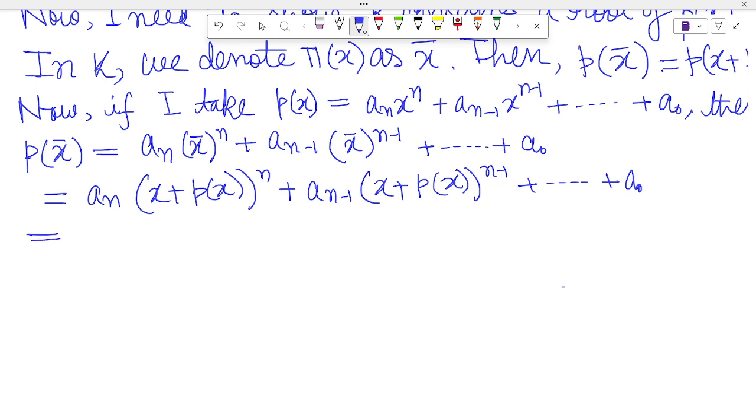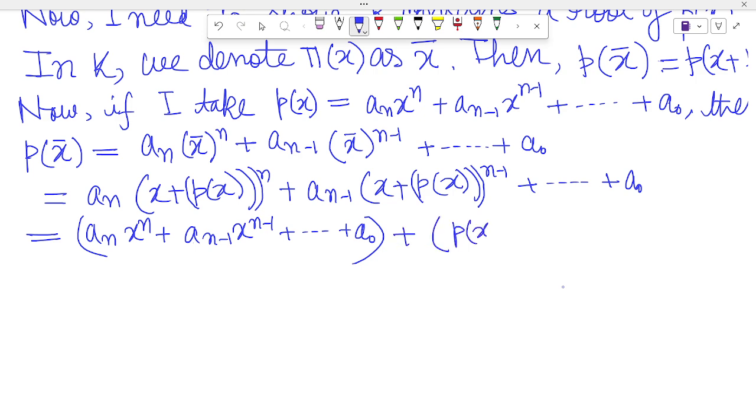That means if you take mod p(x), you will get a_n x^n plus up to a_0. This is the ideal generated by p(x).